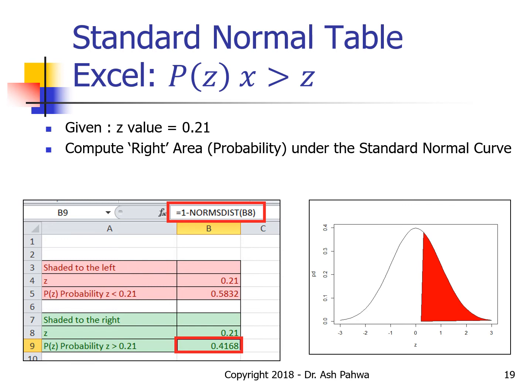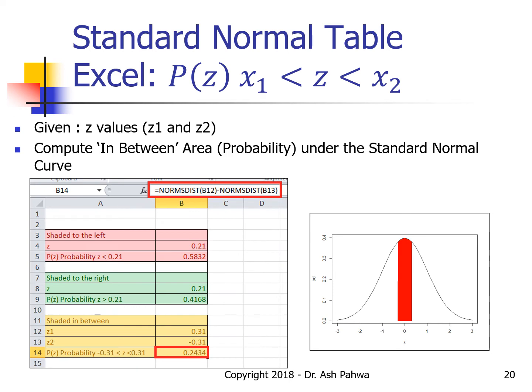As we can see, the previous number that we got was 0.5832. And if we subtract 0.5832 from 1, we are going to get 0.4168. So this number 0.4168 then represents the probability that our variable is going to be greater than 0.21.